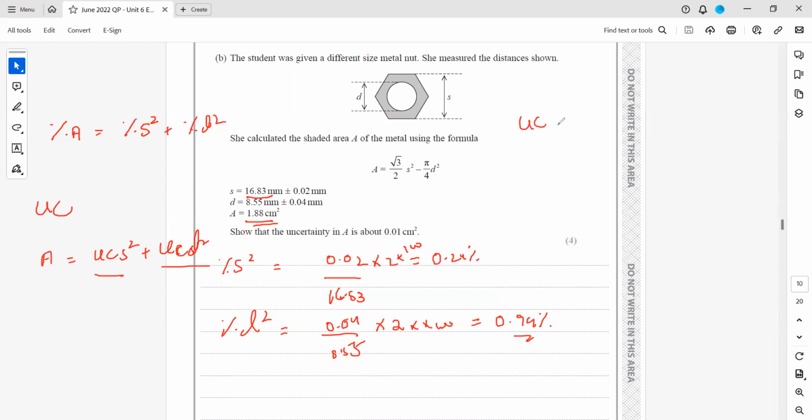How do we work out the uncertainty in S square? First we work out the value for S square. S square will be equal to this divided by 10, because we are converting millimeters into centimeters. So this is equal to 1.683 and then squared. This will give us the value of S square.